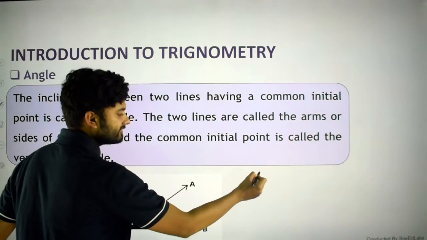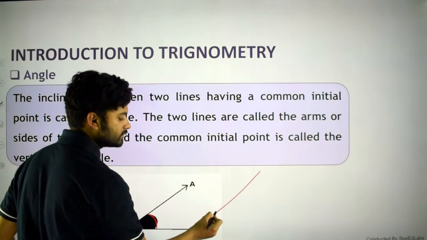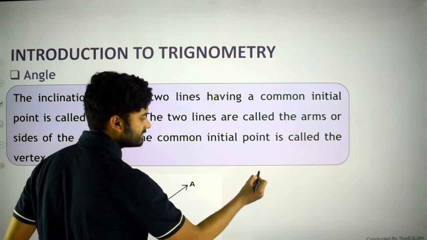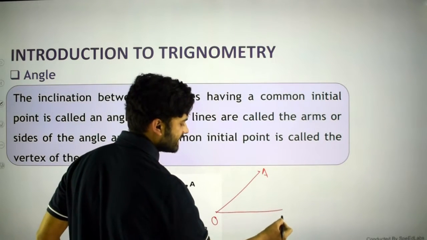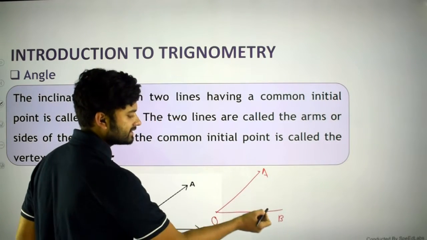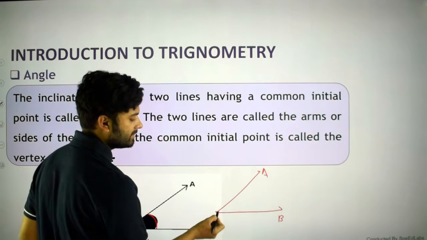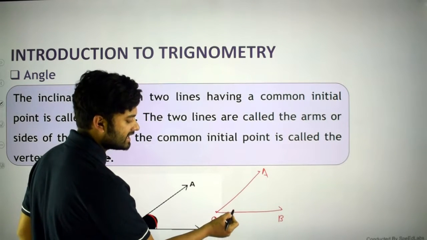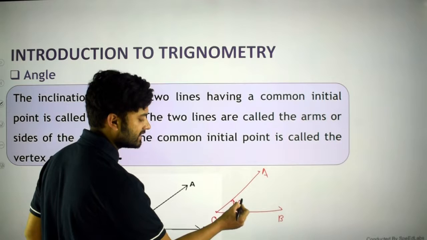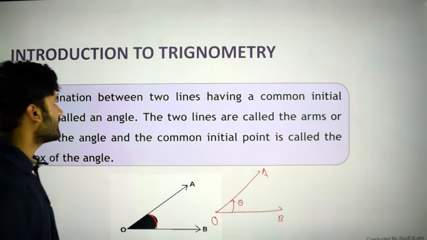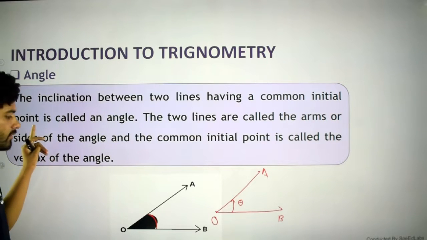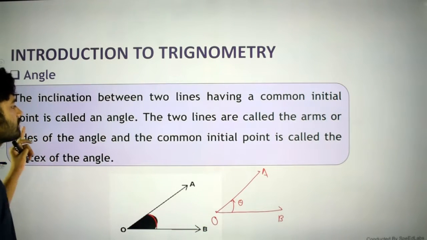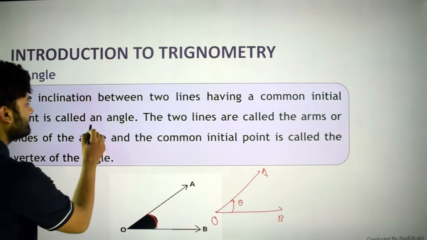This O point is common between these two sides, and the inclination is known as theta. So the inclination between two lines having a common initial point, like O in this figure, is called an angle.